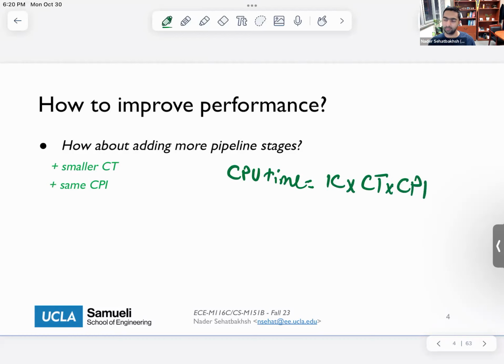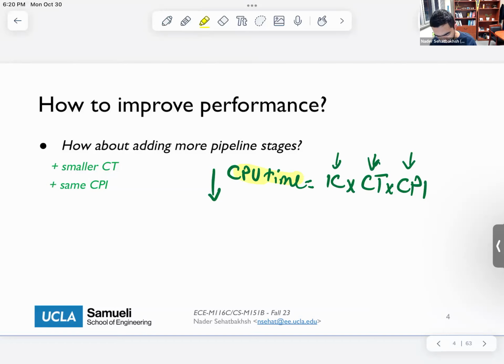So essentially, if I want to reduce this, I need to reduce all or some of these 3 metrics, right? So let's explore what options we have in order to improve our system.